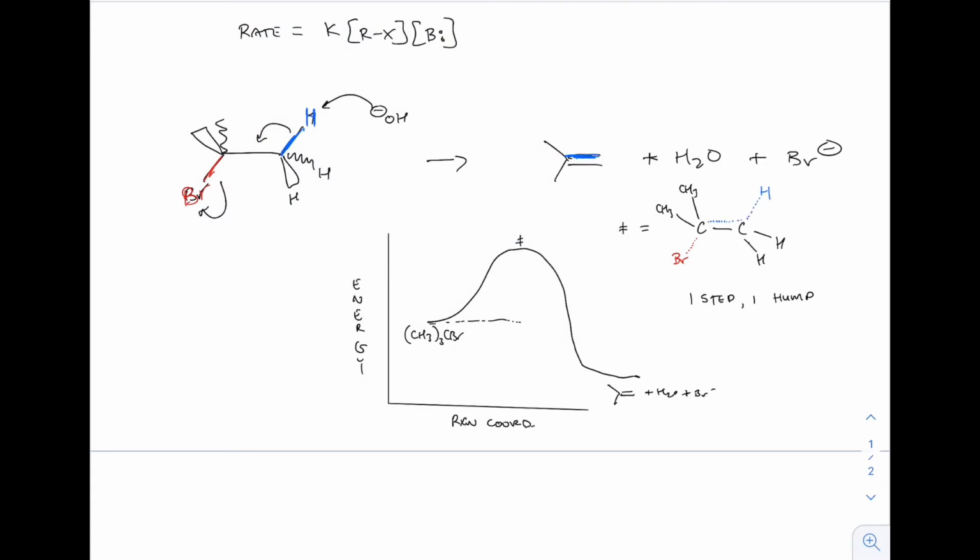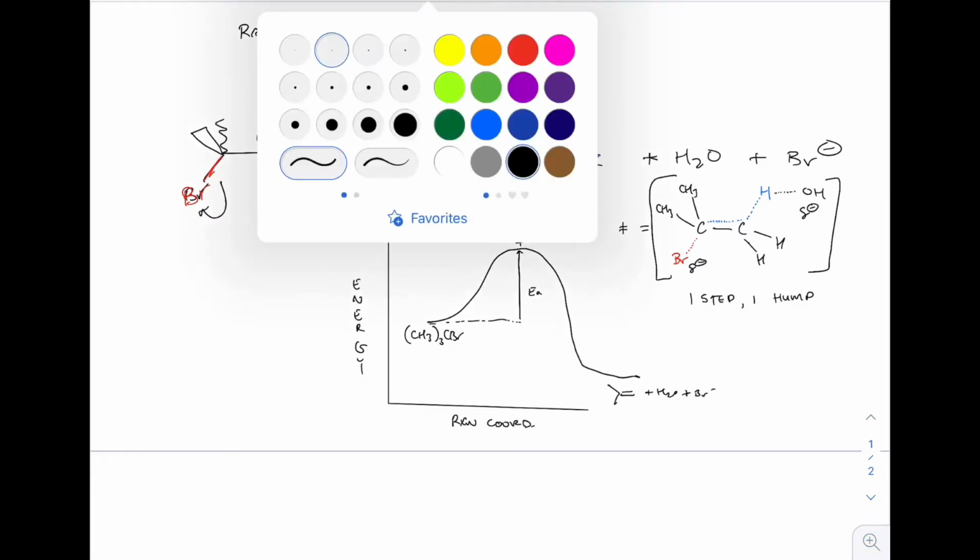And then we're breaking the carbon-hydrogen bond, and forming a pi bond and also an oxygen-hydrogen bond. That's why those are all dotted lines. We have delta negatives on the bromine and the oxygen because they are negative, i.e. the OH, or they will become negative, the bromide. Okay, and that's the transition state.